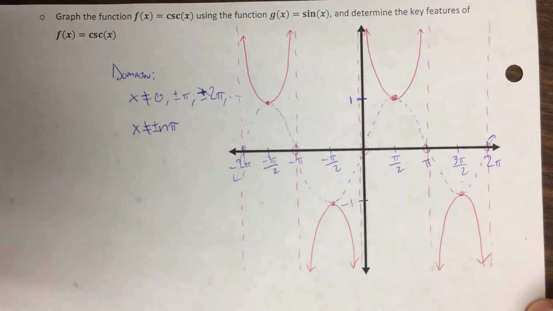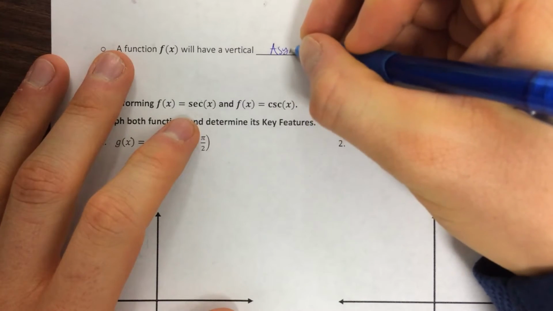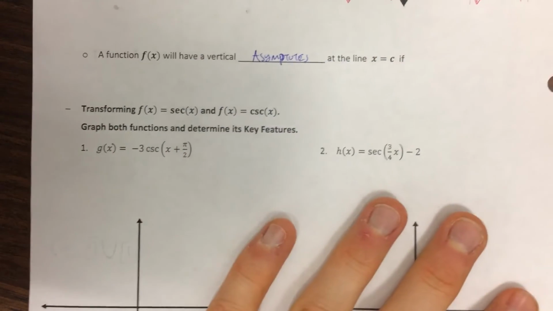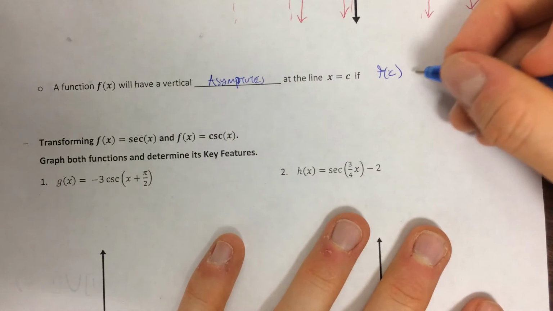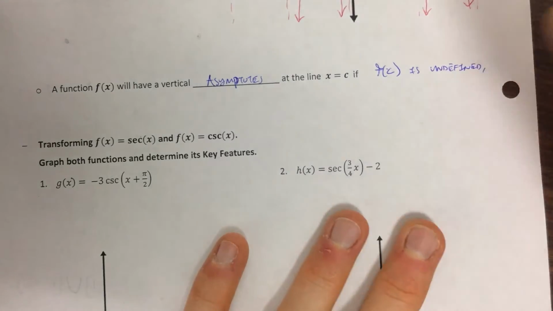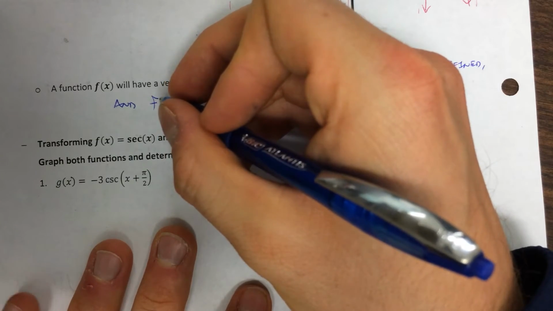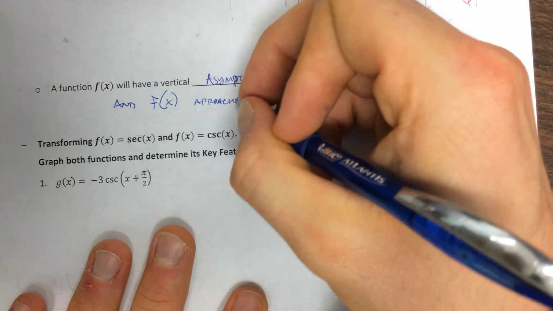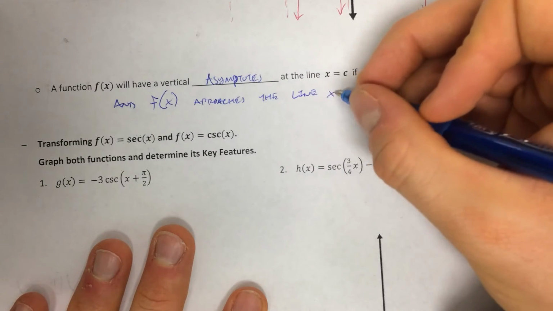One last thing, if you need to pause it anytime, go back, do that. We have vertical, what we call asymptotes. And these asymptotes occur at the line x equals c if f of c is undefined, but also as f of x approaches the line x equals c.